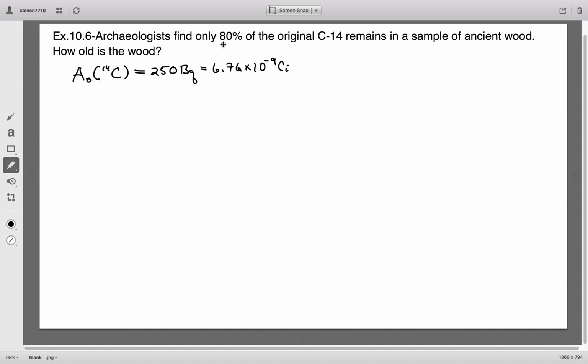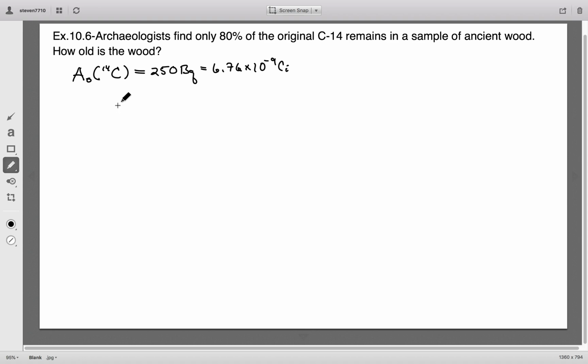So what does this thing mean, 80% of the original? Well, if you think about it, 80% of the original C14 means 80% of N0. Does that make sense?